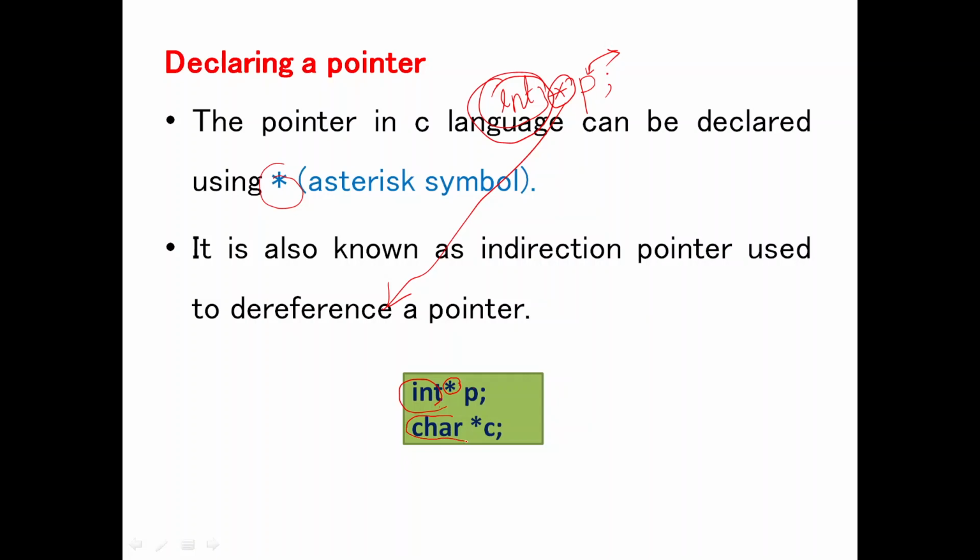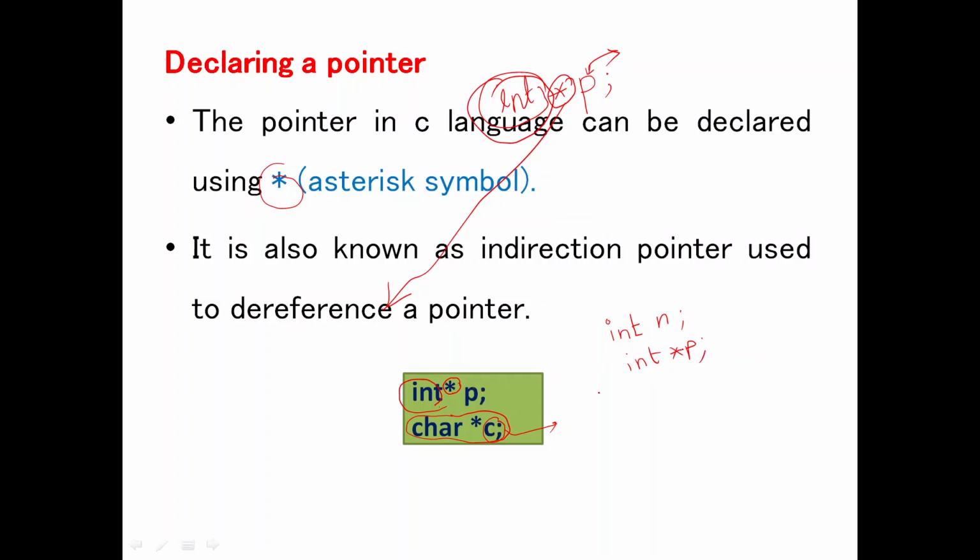So in this declaration, this pointer is of character type because this pointer is going to point to a variable which is of character type. So for example, I have declared two variables, int n, int star p.